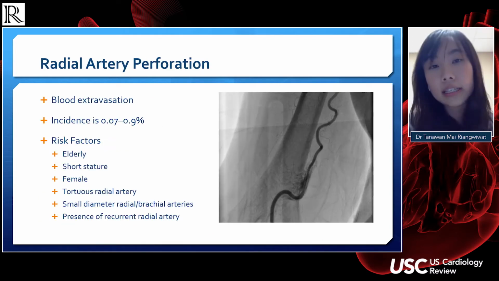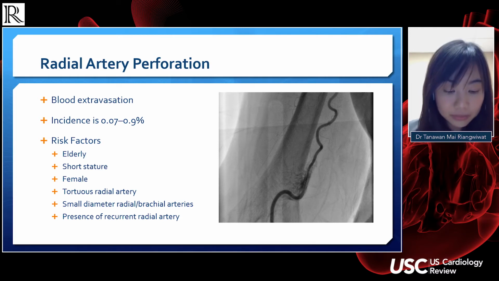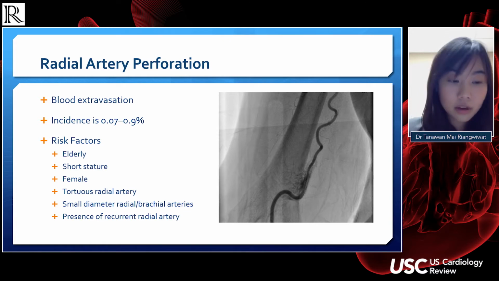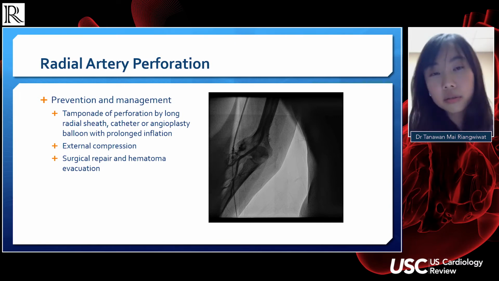The next complication is radial artery perforation. The incidence is pretty low, 0.07 to 0.9%, and it shares the same common risk factors with other complications. The management is also pretty much similar to dissections.